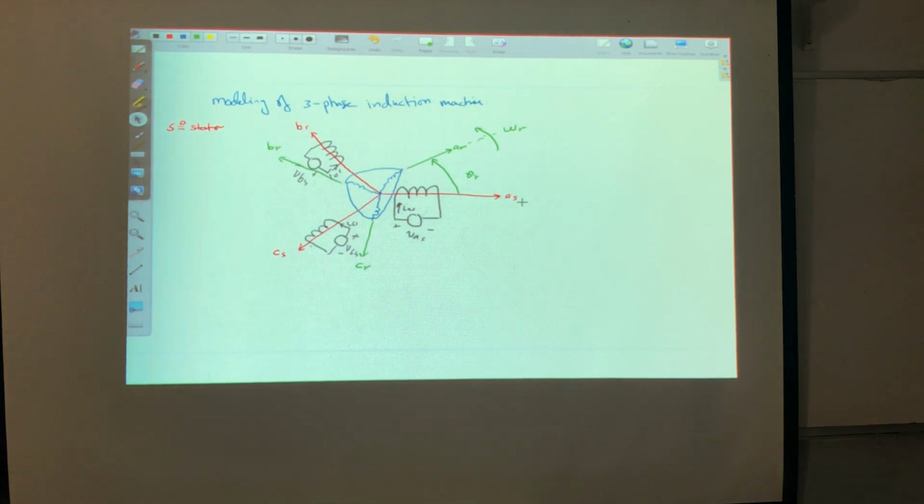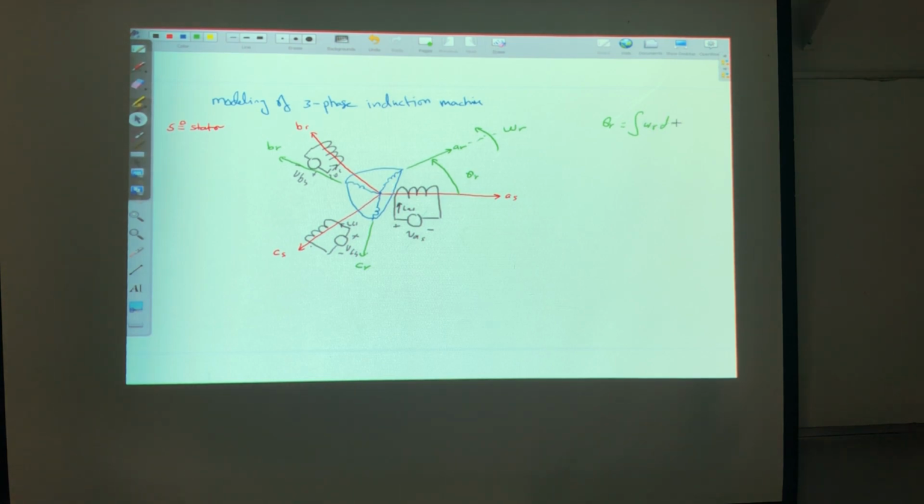Why? Because AS is stationary. The stator is never rotating. The stator is stationary. The rotor is rotating. So theta r actually is equal to what? The integration of omega r d tau plus theta r of 0 if I'm having an initial condition. Because in the end of the day, I don't know where the rotor will stop. So I will have an initial angle. Later on, for simplicity, I will assume the initial angle is equal to 0.